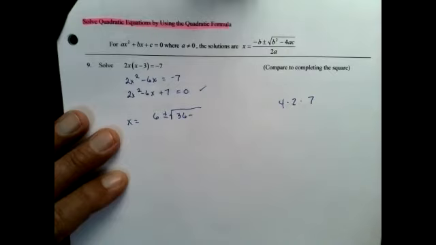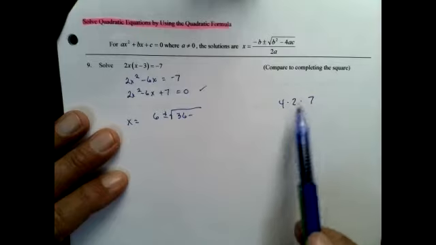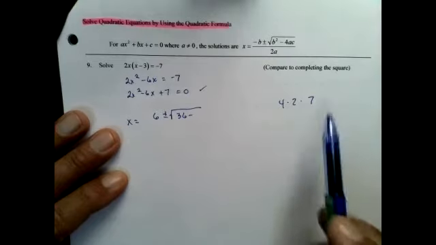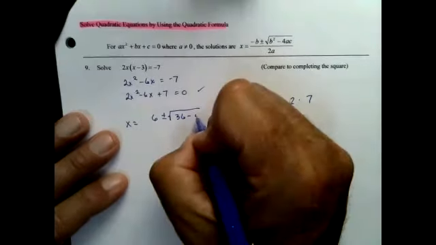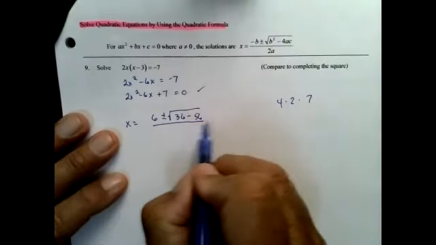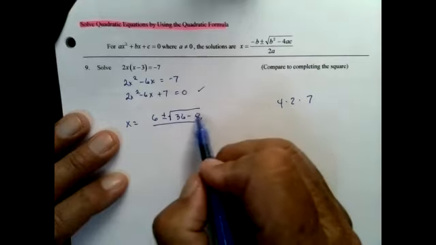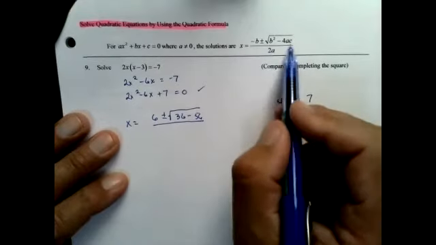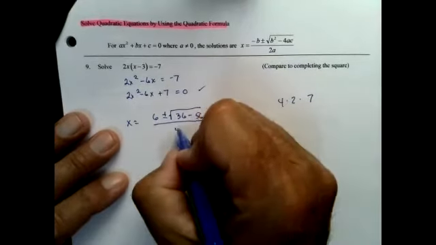What is 4 times a times c? What is it? 56, over all. Some people only put the second part over. It's all over 2 times a, 4.